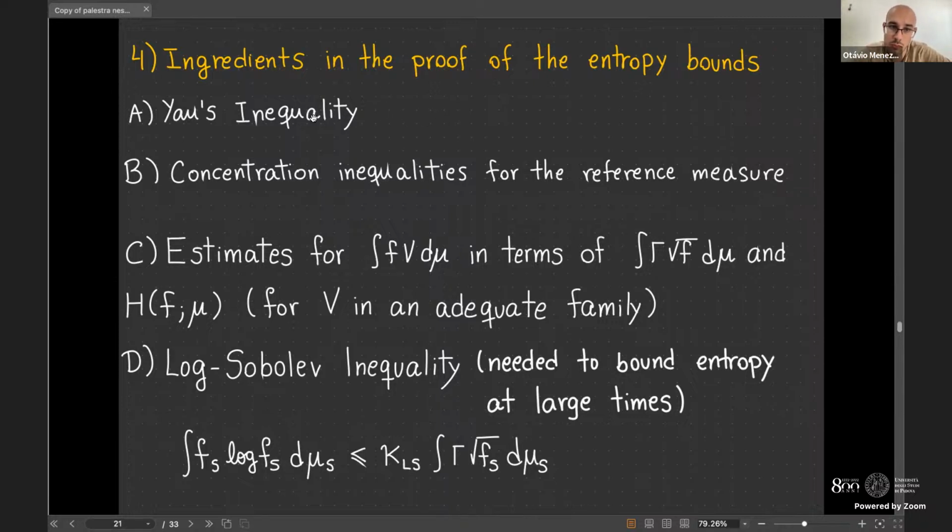So you start with something to control the entropy increase. You need your reference measure to concentrate well. So every time you use the entropy inequality, you want to be able to compute the exponential term that will come out. And if you want estimates that work well in time, then you need something like log Sobolev. So that's the basic structure.